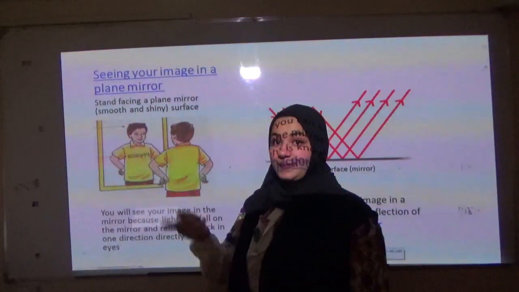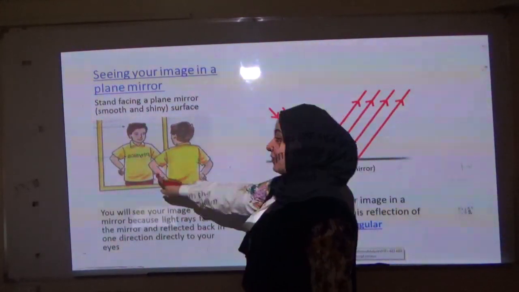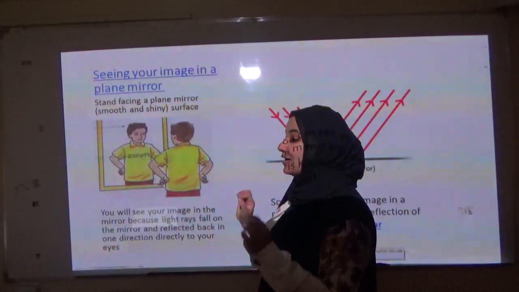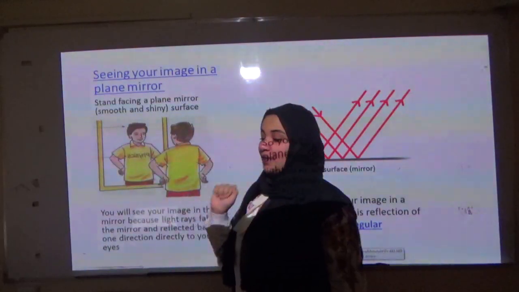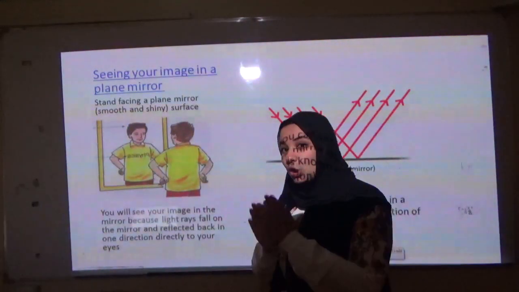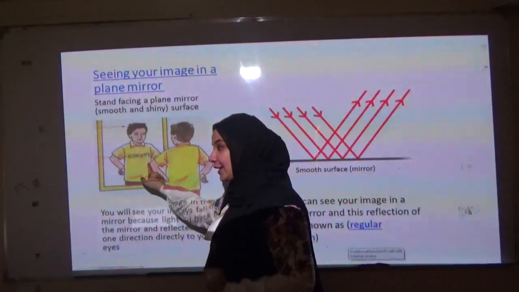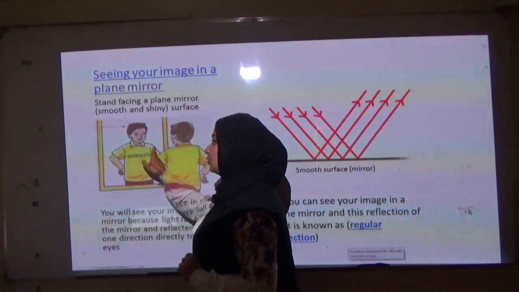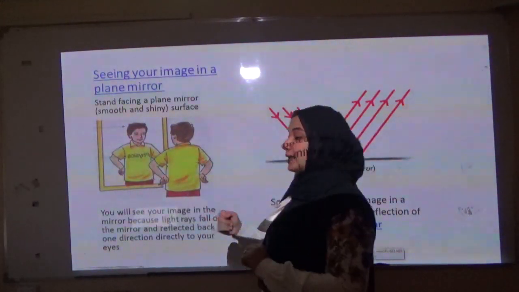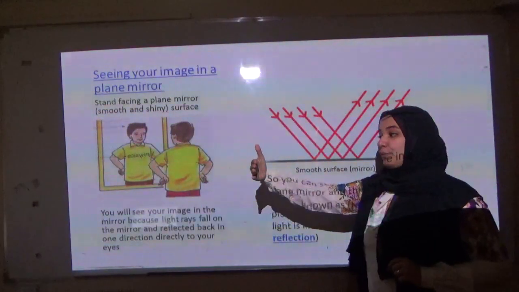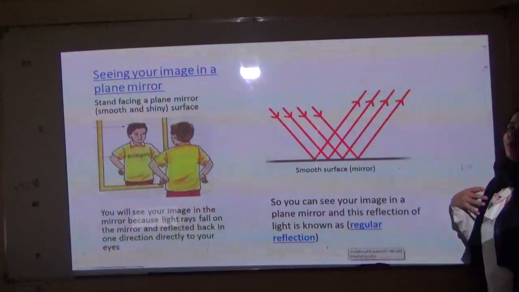It means the distance between your body and the mirror is equal to the distance between the mirror and the image inside the mirror. This is a very important note. So as we get far from the mirror, you can see yourself far away from the mirror.